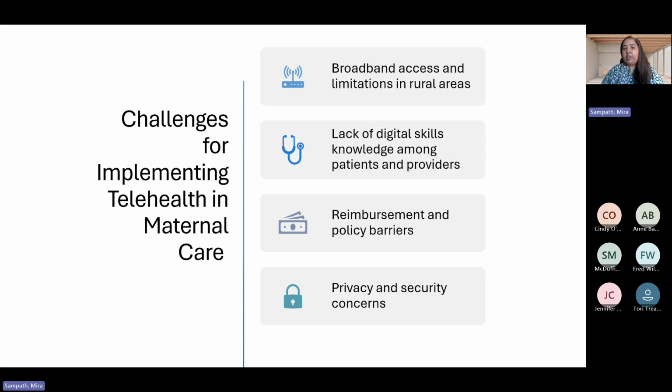And of course, there are security concerns whenever there's technology involved, whenever information is being transmitted from one place to another. We want to ensure that patients' private health information is being protected and being used in a manner that's appropriate in order to support their healthcare needs. So these are all the considerations that we'll need to take when we're thinking about implementing telehealth in maternal care.